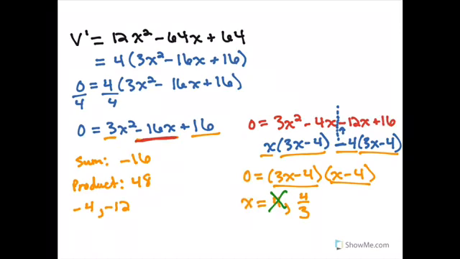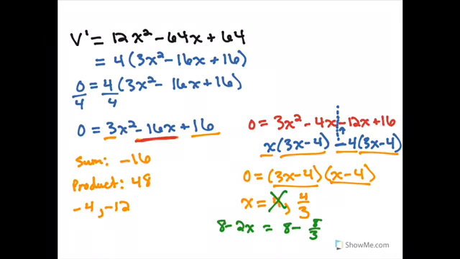And if x is 4/3, we know that the other two dimensions were 8 minus 2x. So I get 8 minus 2 times 4/3 would be 8/3. And 8 times 3 is 24.